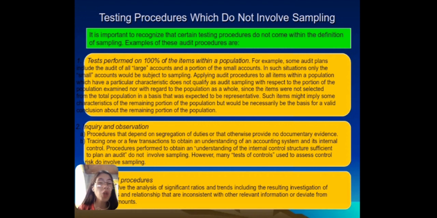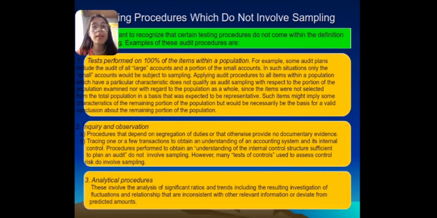Such items might imply some characteristics of the remaining portion of the population, but would not necessarily be the basis of a valid conclusion about the remaining portion of the population.